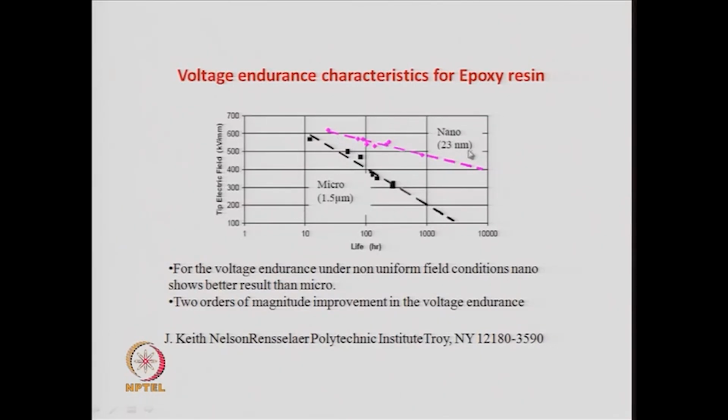And also the decrease as a function of time is much slower. So, this decreases much more slowly, and there is 2 orders of magnitude improvement in the voltage endurance when you use nanoparticles embedded in the epoxy resin compared to micron sized particles. So, this is of tremendous use or benefit to industry.